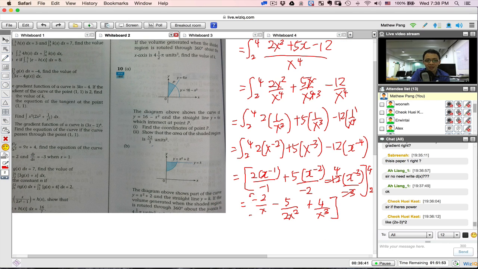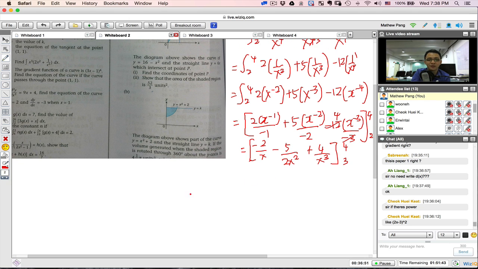So you must know the indices very well in this topic. You substitute the 4 into all the x, and then you substitute 3 into all the x. But in order to make you fully understand, maybe I just take a few seconds to finish this one. This is negative 2 over 4, minus 5 over 2 times 4 squared, plus 4 over 4 cubed.